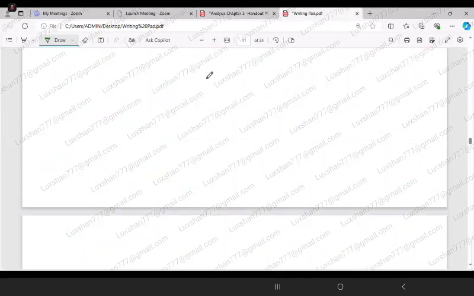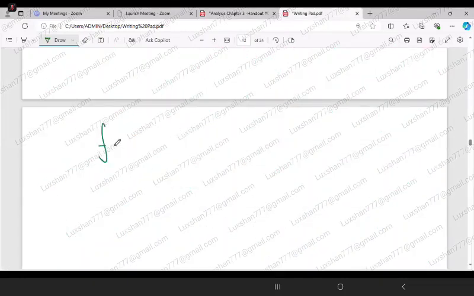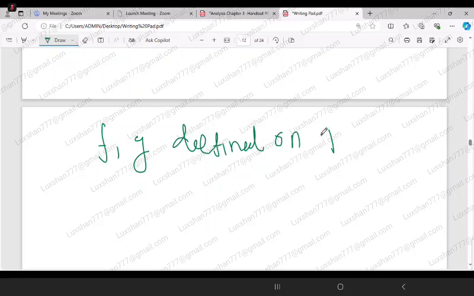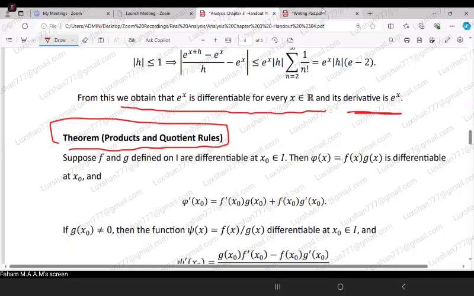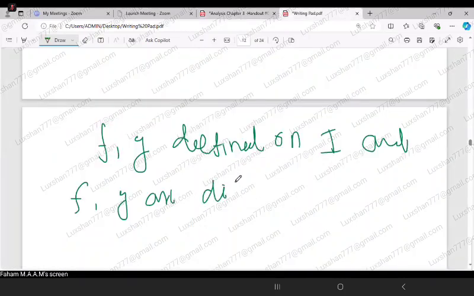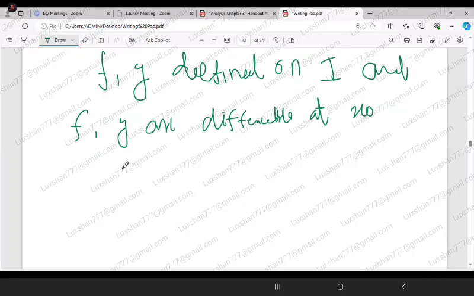So we have two functions f and g defined on the same interval I, and both are differentiable at x naught. Then they define another function, pi.